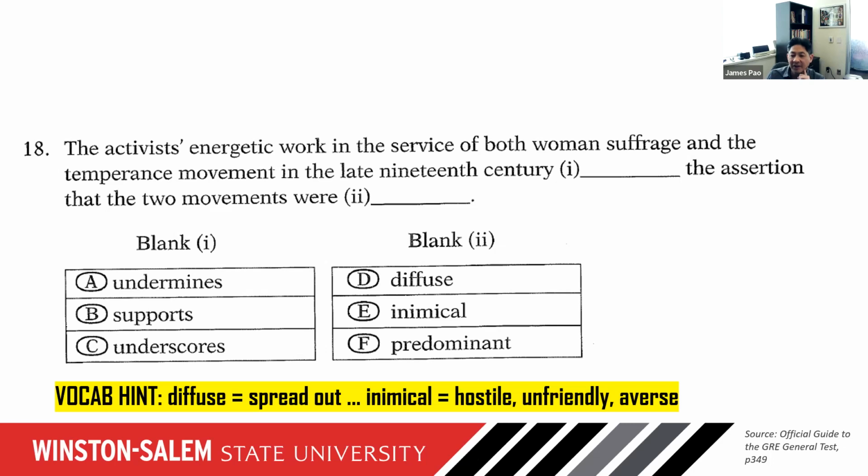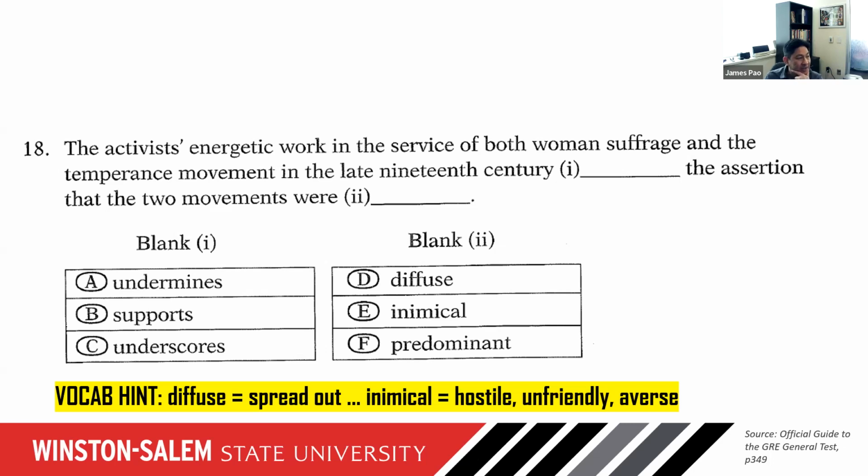That they are unfriendly or hostile to each other. So if you're going to energetically work for both things, you're going to break the assumption that they cannot work together. Does that make sense? So you are undermining the statement that they're incompatible, that they can't work together. All right. So the answers are A and E. It's going to be A and E combined is your correct answer.